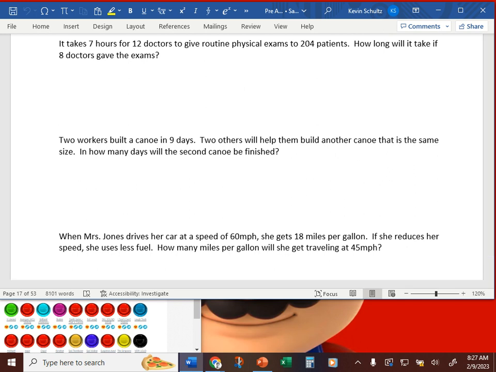There are things in here. 2 workers build a canoe in 9 days. 2 others will help them. Right? So how many workers are there total? So pay attention to the wording, okay, when you set up these more or less proportions.